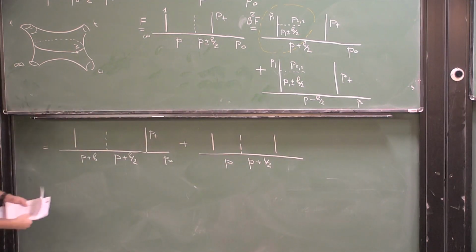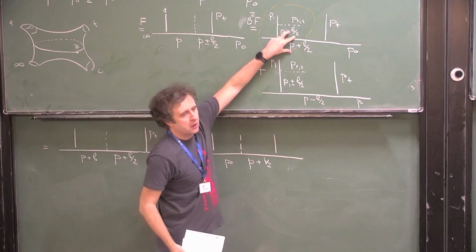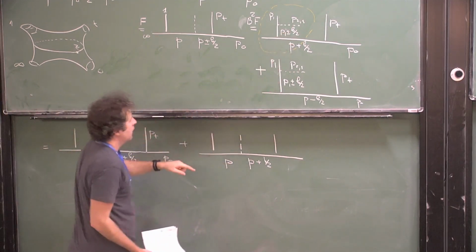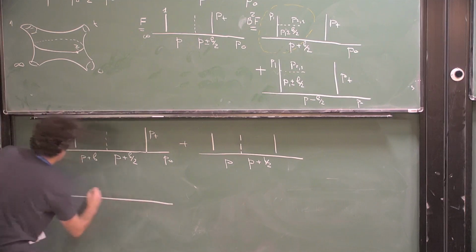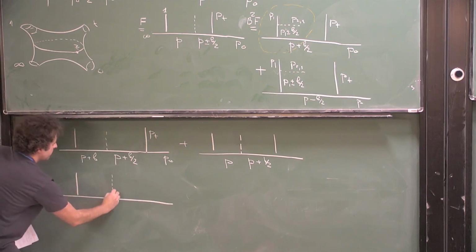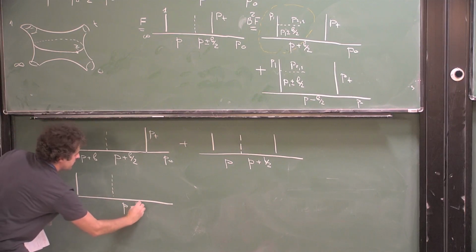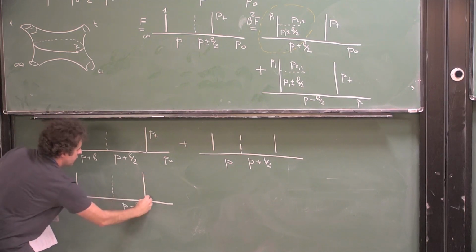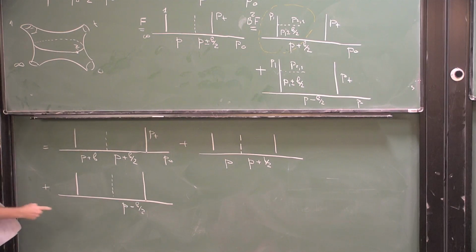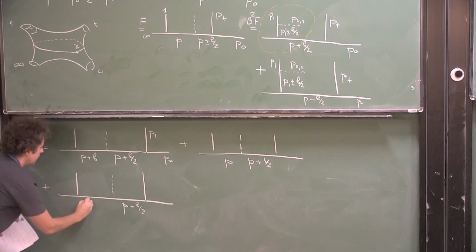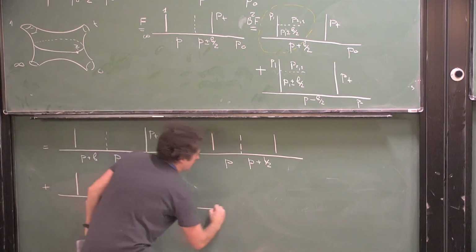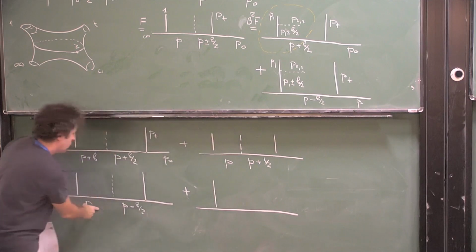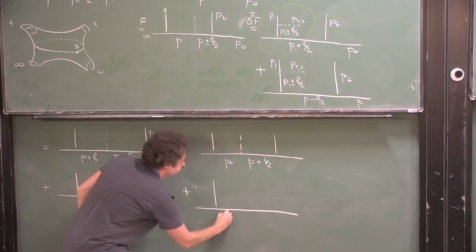Okay. So this is the transformation corresponding to the first line. Now the second line gives us something similar. We need to have p minus b over 2 on this internal line, which means that over here we can only have p or p minus b, okay?